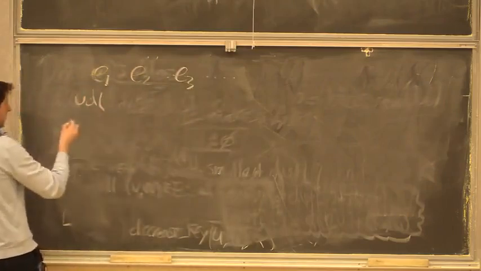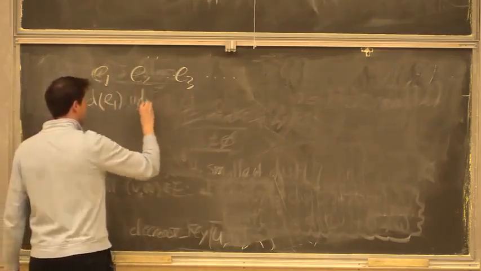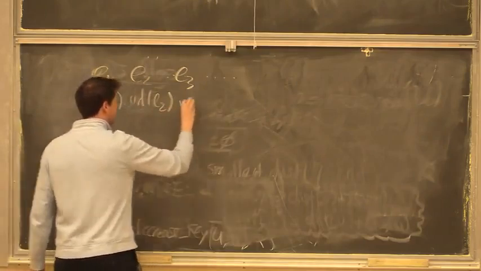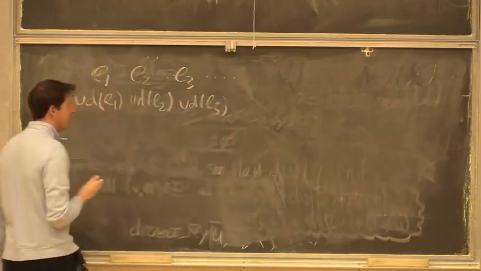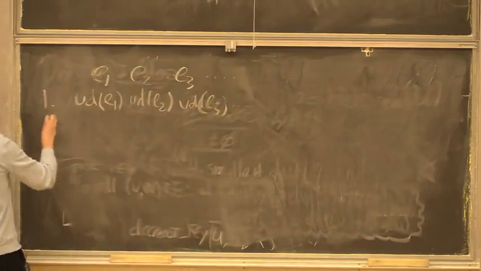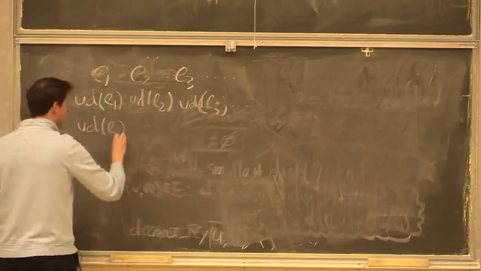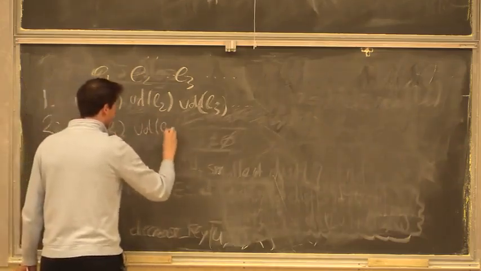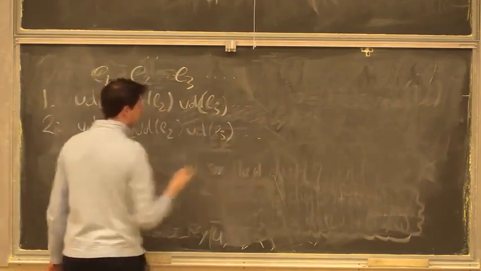So I'm going to shorten it to UD. Update E1, update E2, update E3. So that is the first loop of my algorithm, OK? And I've done it once. Now I do it twice. Update E1 again, update E2 again, update E3 again.